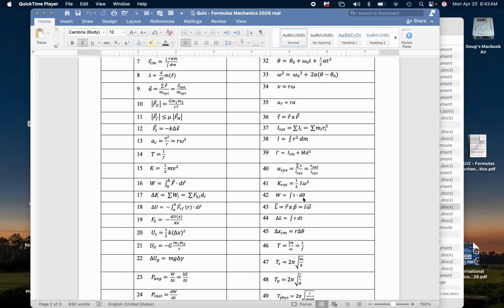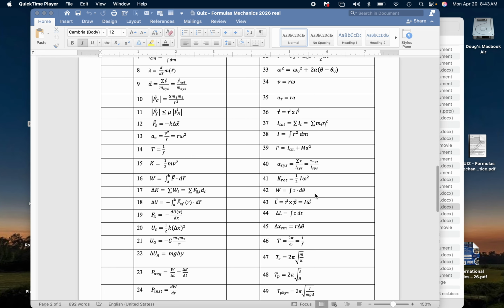So that's if you apply a torque over an angular distance. So it's very similar to force times a linear distance. So I would say 42 is work on an object that is rotating. And essentially you're going to be changing the rotational kinetic energy.